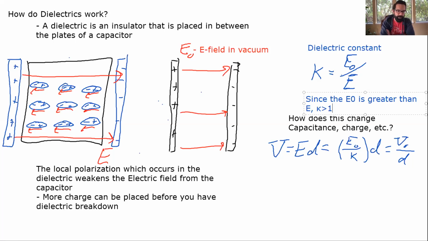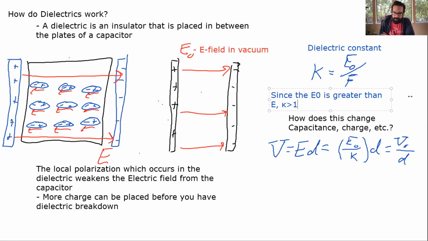Okay, so this is my note that I forgot to write earlier. Since the electric field in a vacuum is always going to be greater than the electric field when you put a dielectric, remember, the whole point of the dielectric is to weaken the electric field, the dielectric constant will always be greater than 1. Okay, so applying that down here, I made a mistake. It's supposed to be K.